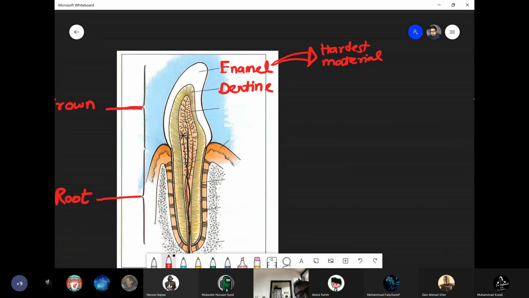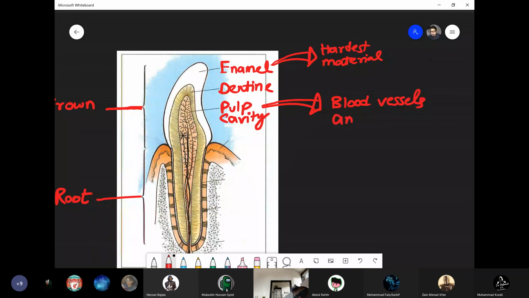Then below dentine is called the pulp cavity. Now, boys, the word cavity means space. In the pulp cavity, this is a space where there are blood vessels and nerves.